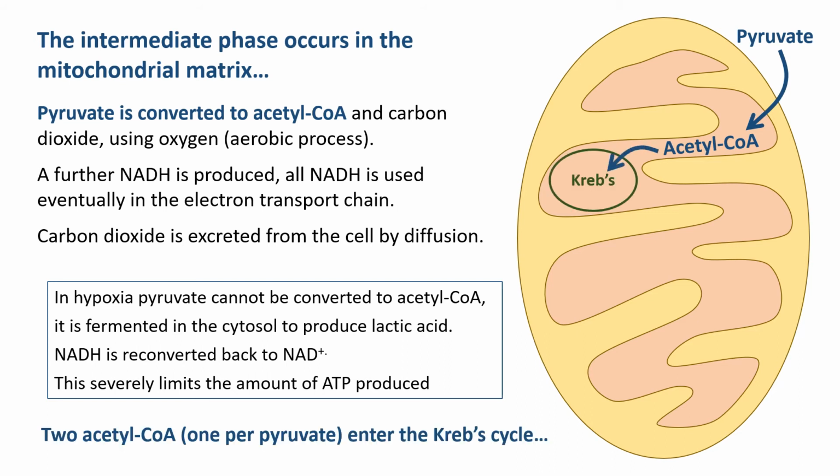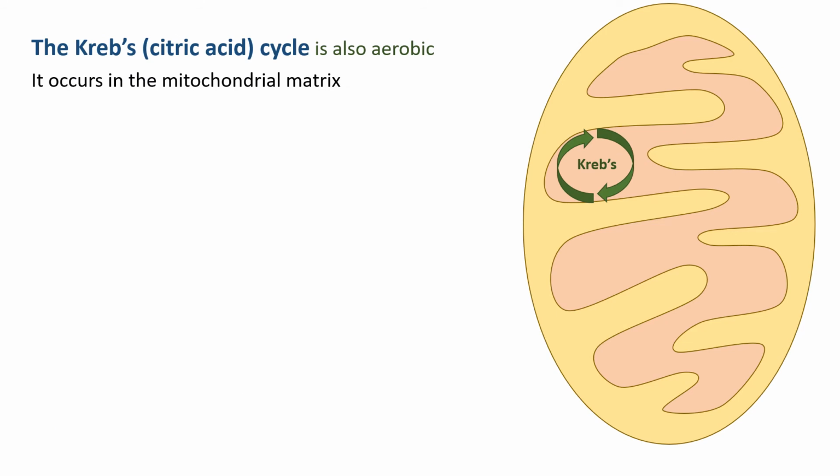So our 2 acetyl-CoA, we made 1 per pyruvate. Remember, 2 pyruvates per glucose molecule gives us 2 acetyl-CoA. They then enter the Krebs cycle. And again, we're not going to go into too much detail here. The Krebs citric acid cycle is also aerobic. It's still within the mitochondrial matrix.